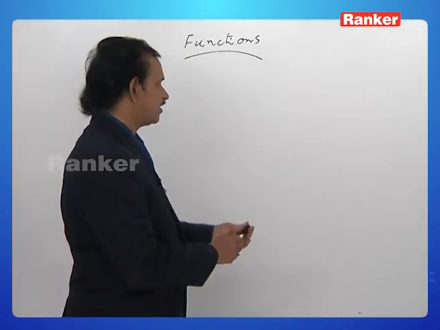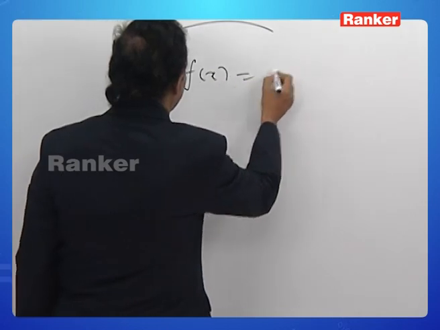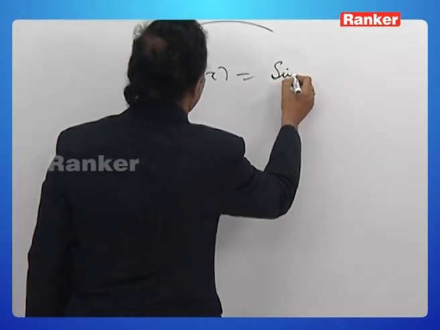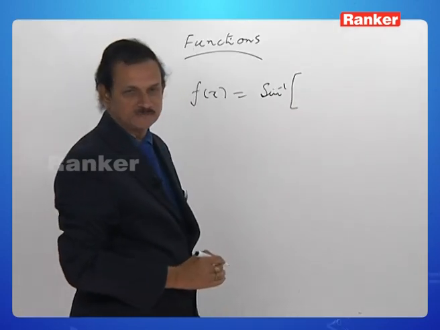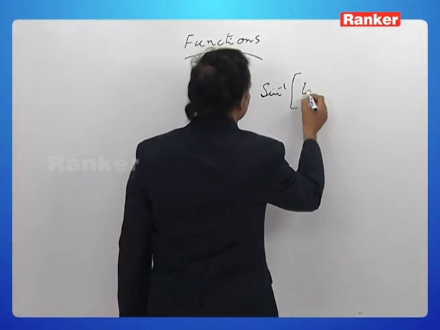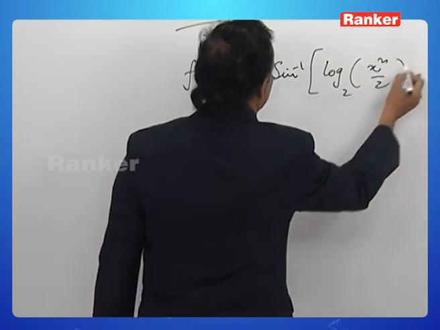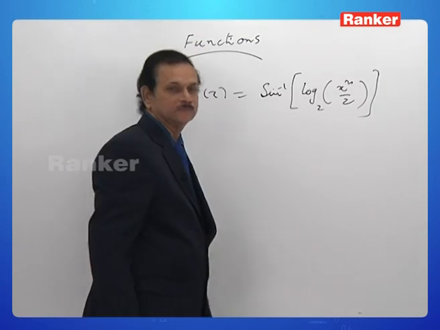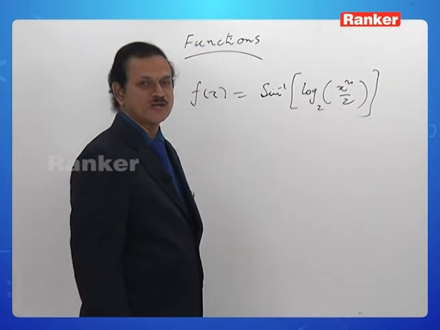What is the function basically given? F of x is equal to sine inverse of log of x square by 2 to the base 2. First of all, it is a sine inverse function.